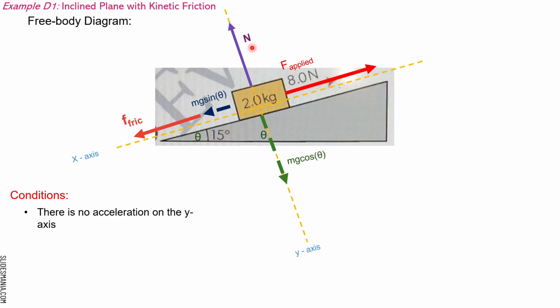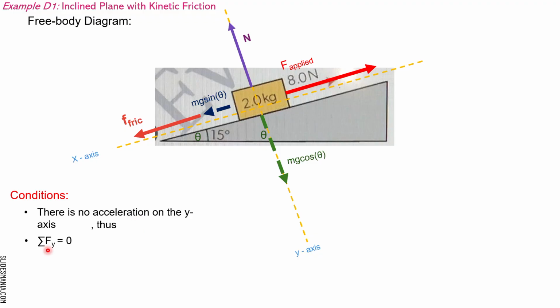So in the y-axis, we noted that there's no acceleration because the problem doesn't say that the box is jumping or sinking down. It means that there is a zero net external force applied on this object, at least in the y-axis. So this is the first condition that we will consider.